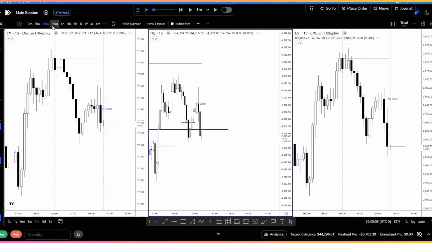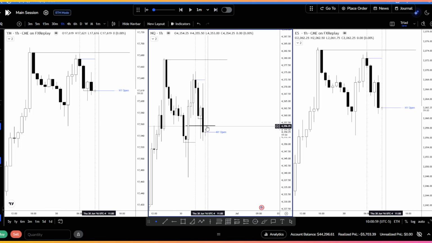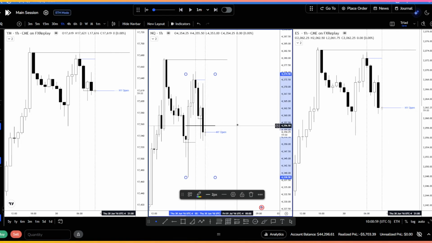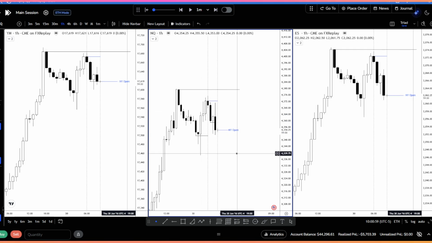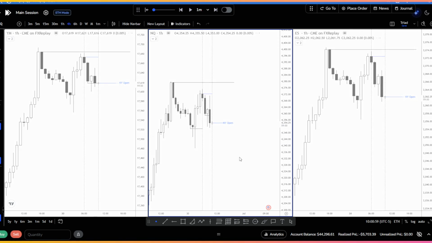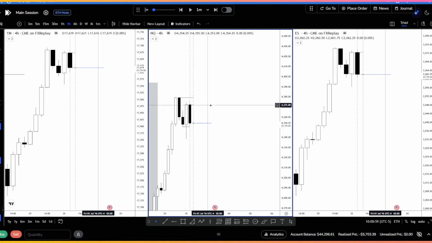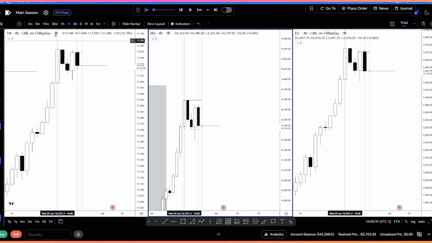Okay. Is this okay? 10 a.m. open. For the previous candle, disrespected. This is a clear disrespect of the 2 a.m. reversal, right?